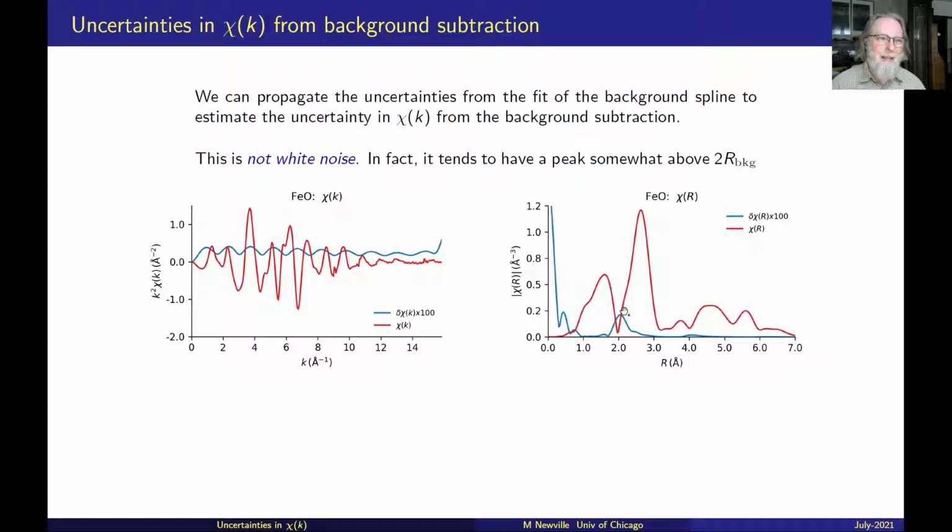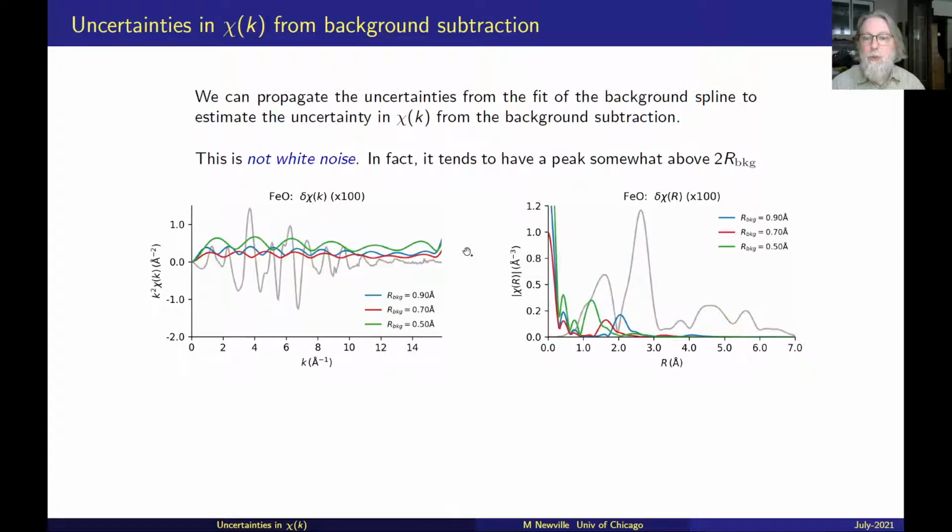But at this point in our analysis journey, we have this function that is the uncertainty in chi of k. And we really should use that. So in fact, we do use this now. If it's available, we'll use this in the fitting.